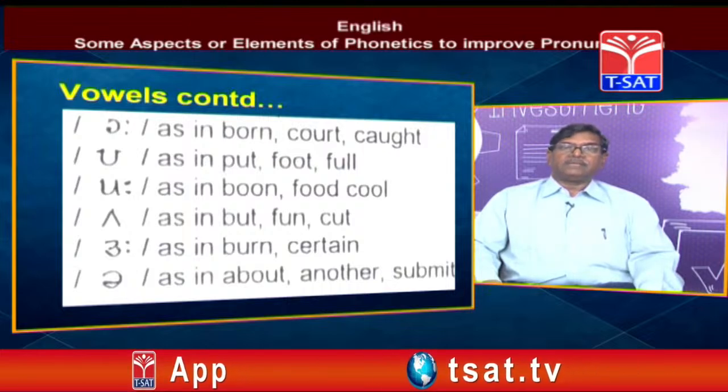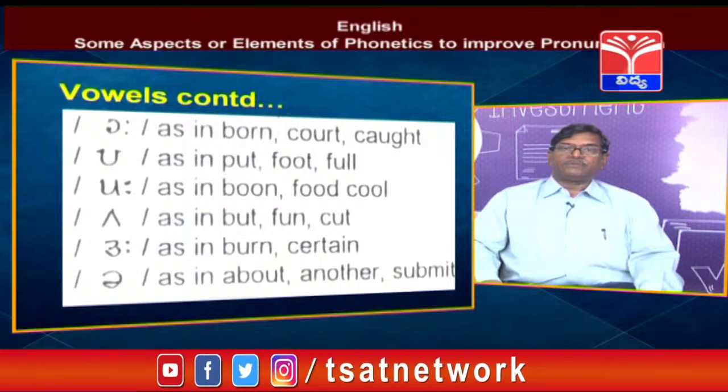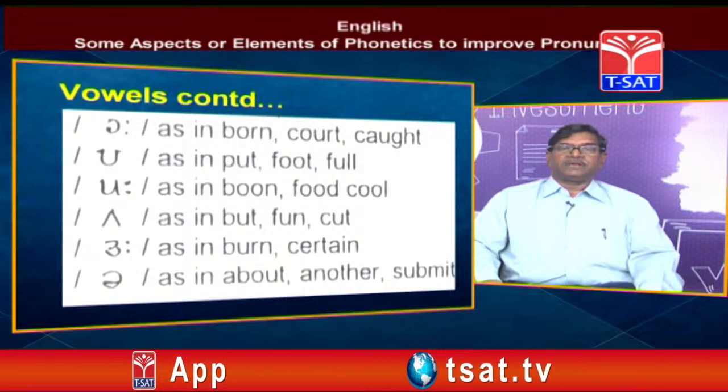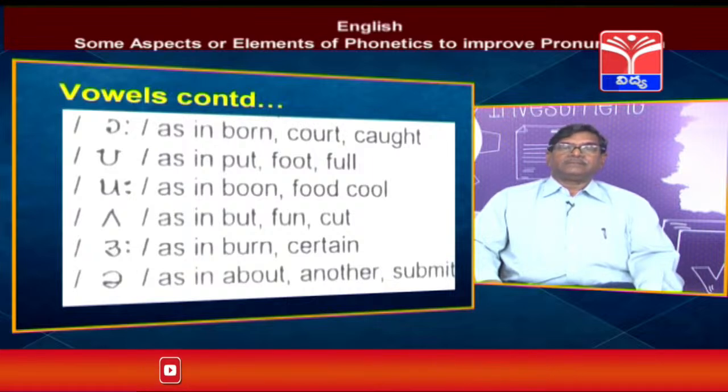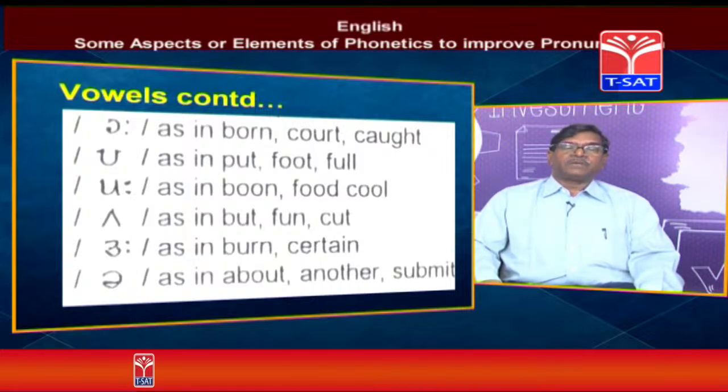About, another, submit. In the case of the word submit, the initial sound between s and b is short and weak. Another, the initial sound; about, the initial vowel sound. That is the symbol of weak and short.